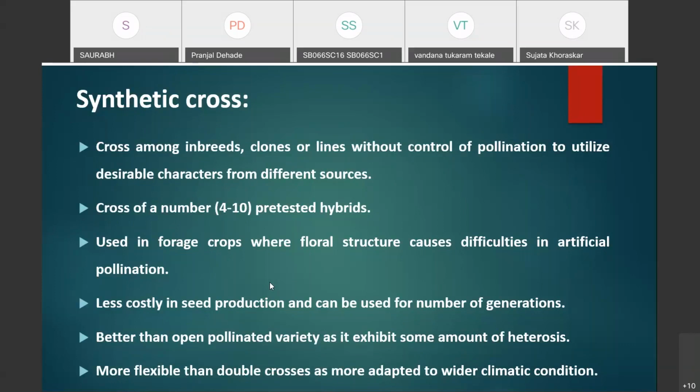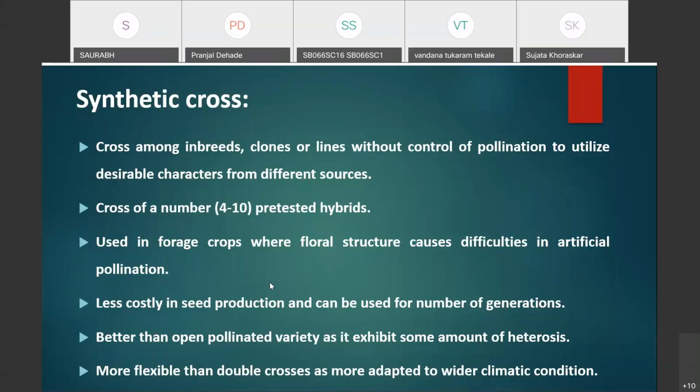Synthetic crosses are completely different from the other crosses. It is the combination of a number of inbreds, clones, or lines to utilize desirable characters from different sources.